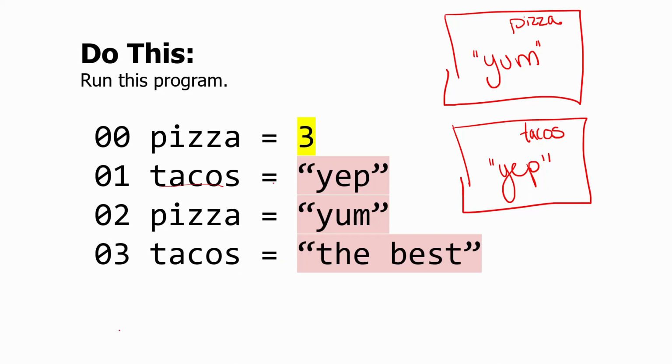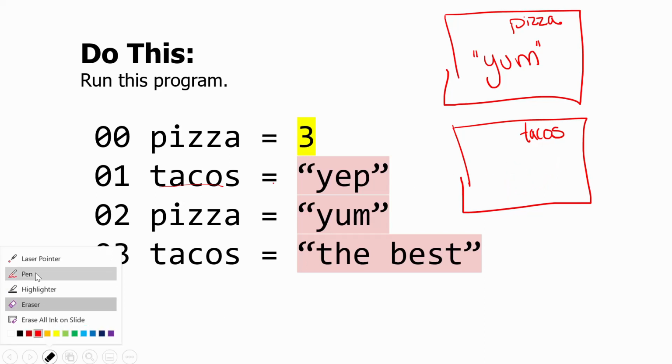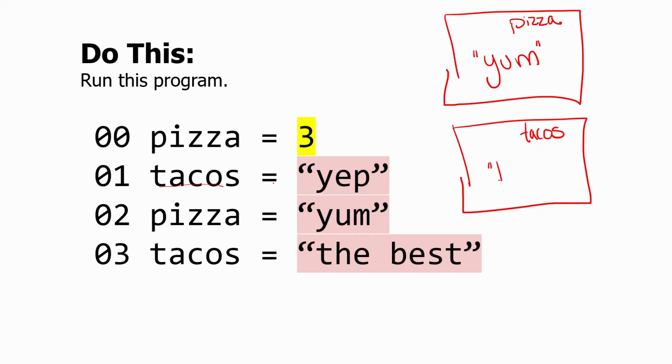So let us go in. We're going to erase yep, because that's no longer the value of tacos. And we're going to assign tacos the value the best. So at the end of my program, hopefully you got that pizza has the value of yum and tacos has the value of the best.